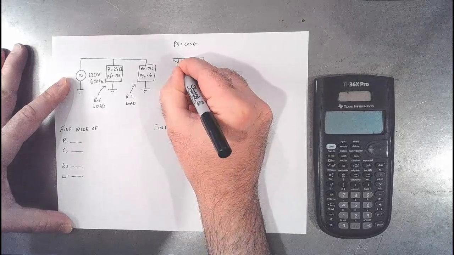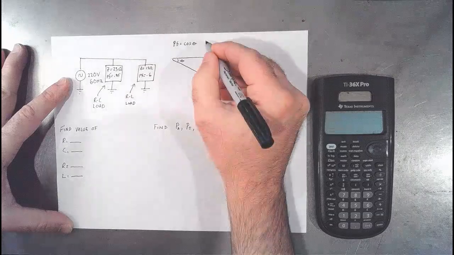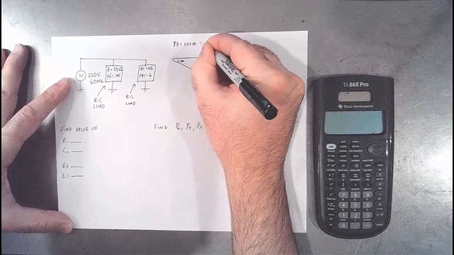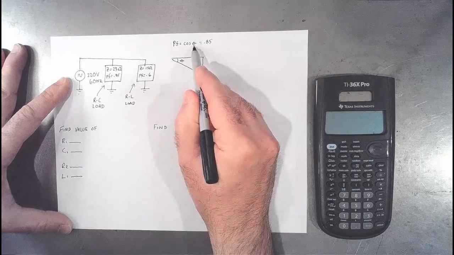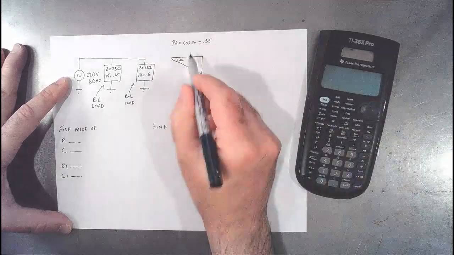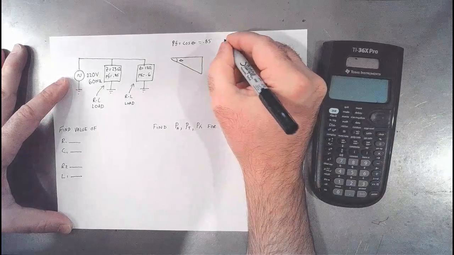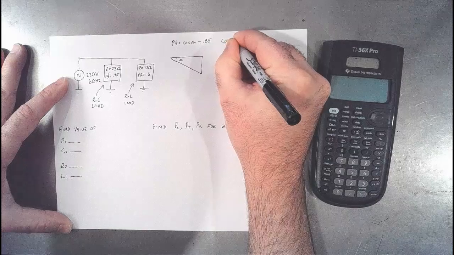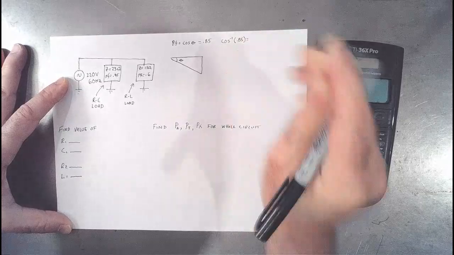So here's theta right here. If cosine of theta is equal to 0.85, as it says right here, we should be able to find theta. In order to figure out what that theta is, we need to use the arc cosine. Arc cosine of 0.85 is going to give us theta.